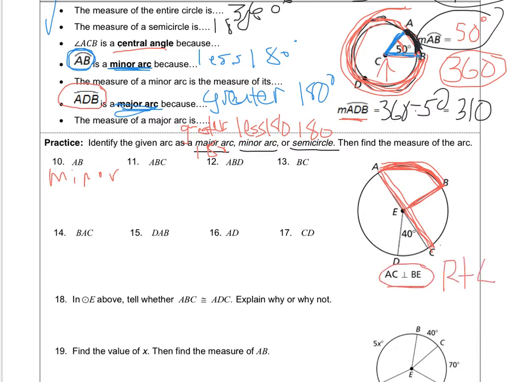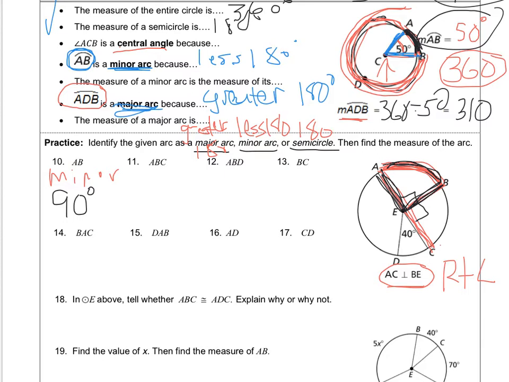We have a right angle. So aren't they telling you that I have 2 right angles right there? Isn't the central angle right here 90 degrees? Yes. So if the central angle is 90 degrees, what is the arc AB? It's 90 degrees.